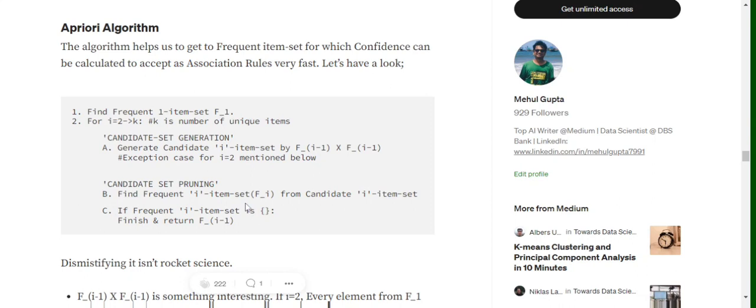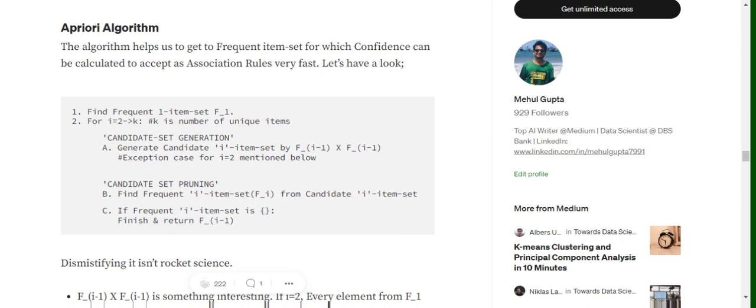So what is happening? Again, we would need an example for this. I will be telling you an example, but for now let's understand what is happening. First of all, we are calculating the frequent one item set, using some threshold. Now we go for a loop, that is i equals 2 to k, where k is the number of unique items present in the list that we have, take it as n or k, whatever we call it.